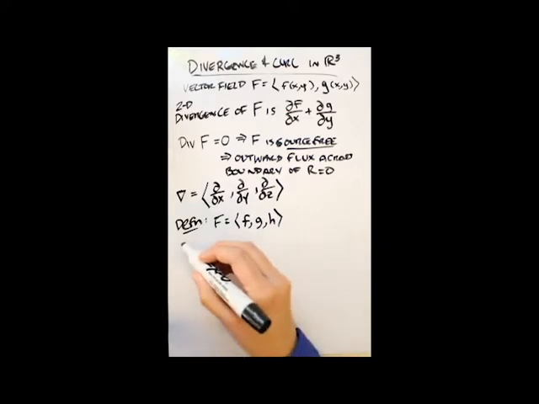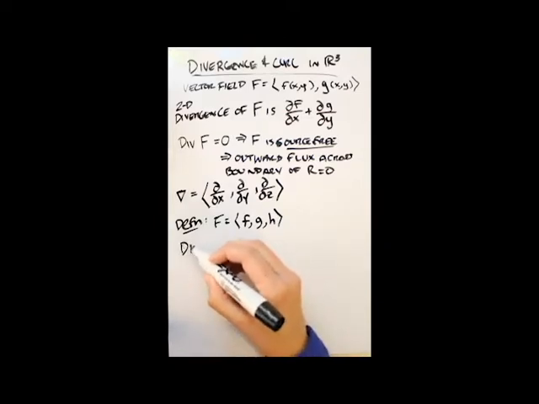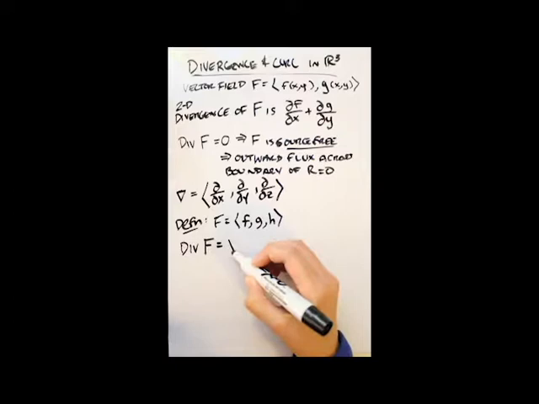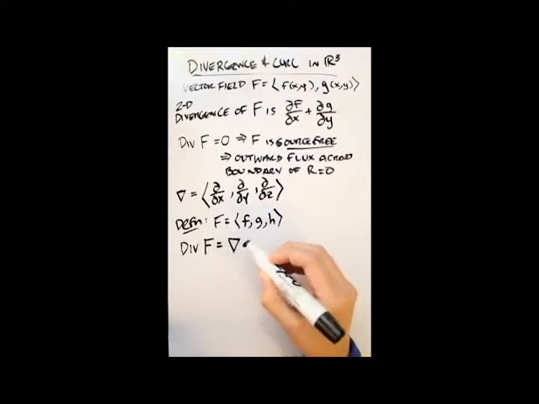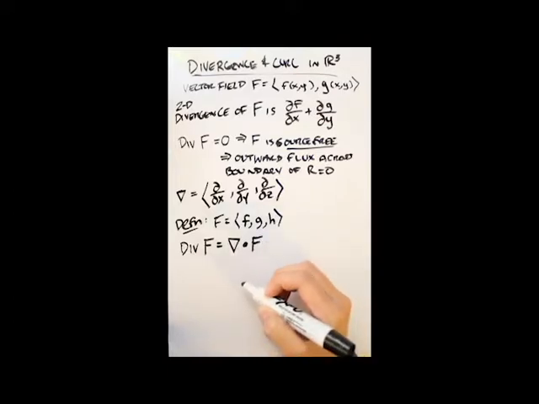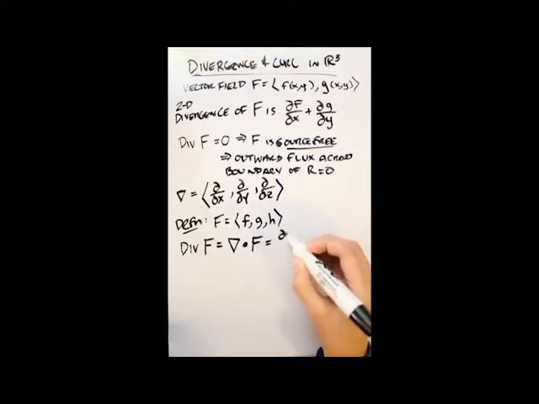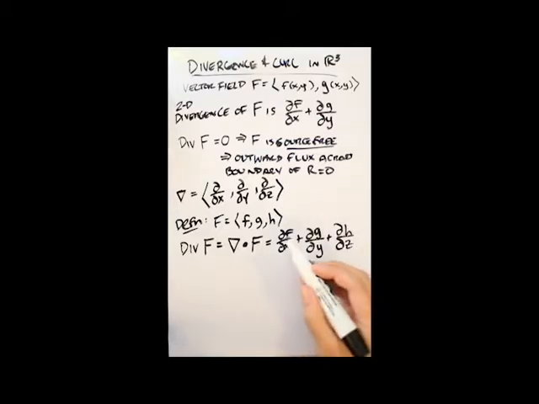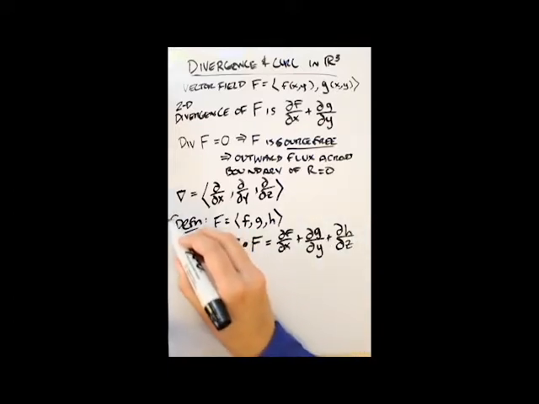And so the divergence of F, which we're now going to abbreviate as div, is equal to the dot product of the del operator with our vector field F. And this is equal to the partial derivative of f with respect to x plus the partial derivative of g with respect to y plus the partial derivative of h with respect to z. Okay, so this is our definition here.